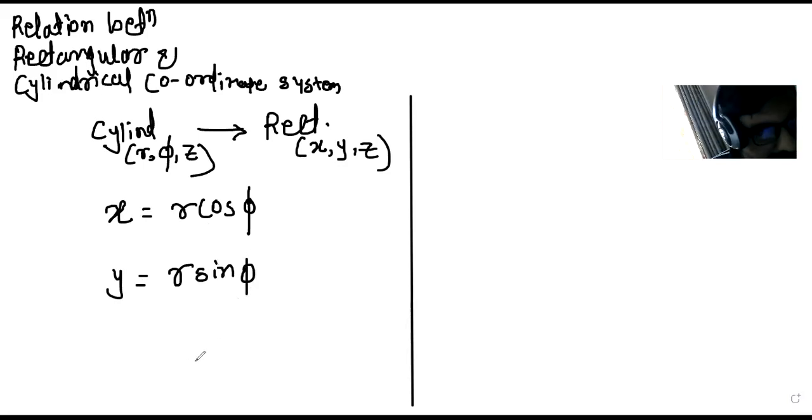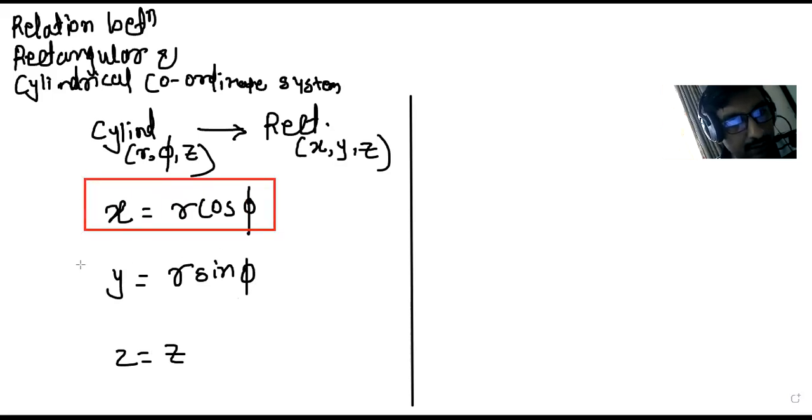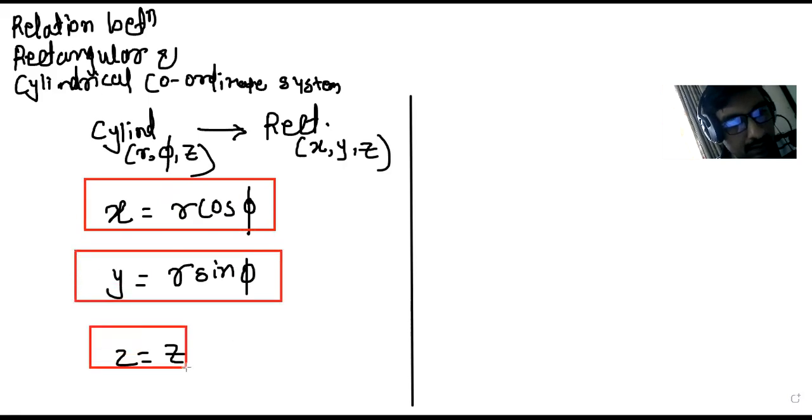And the last one is nothing but z: z is equal to z in both cases. I hope you will take a note of this. These are very, very important relations to convert the point from cylindrical coordinate system to rectangular coordinate system. This is case one.